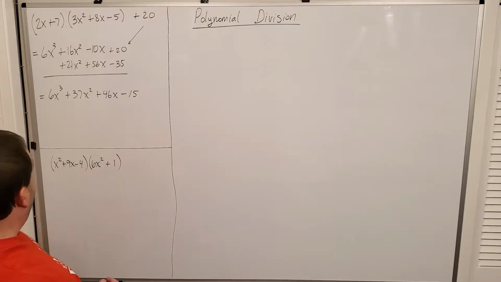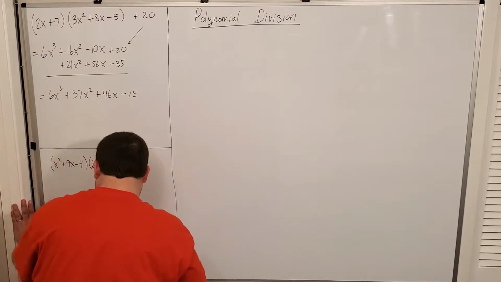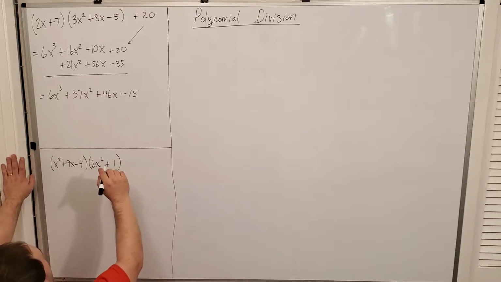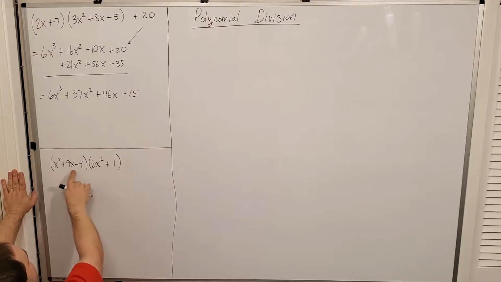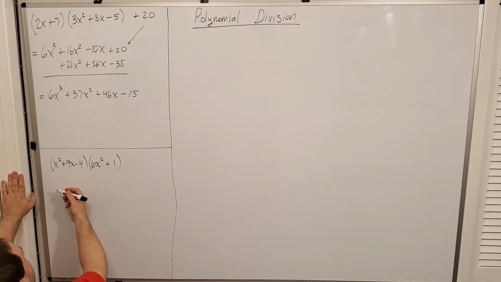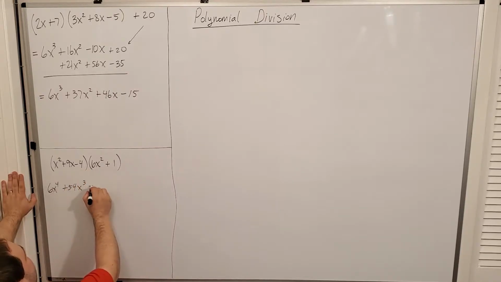And then let's do the same thing here real quick and get these two out of the way. So I've got 6x squared times all three of these. So that's going to give me 6x to the fourth, 54x to the 3, and then minus 24x squared.